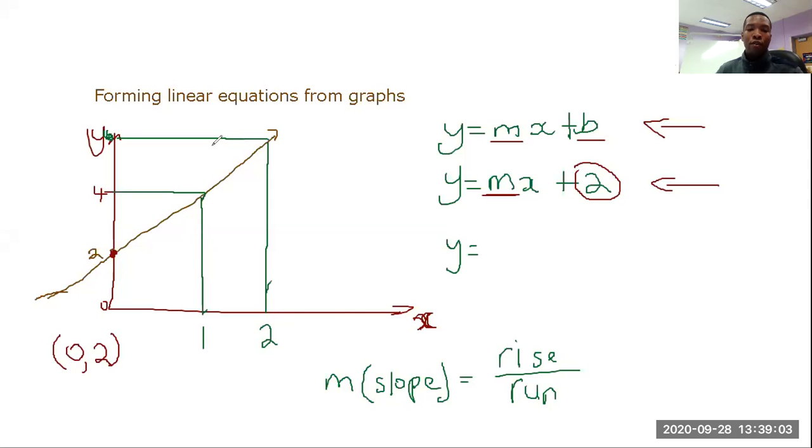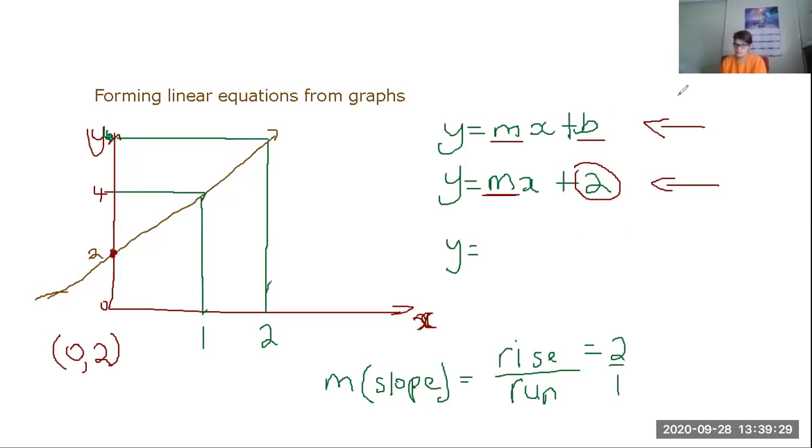So right now we have our graph, and it's the rise over run. If I go up 2 over 1, that's my slope. My rise is 2, and I go over 1. I could also check it on this side. I go up 2, from 4 to 6 is up 2, and then I go over 1. So right here it says 2 over 1.